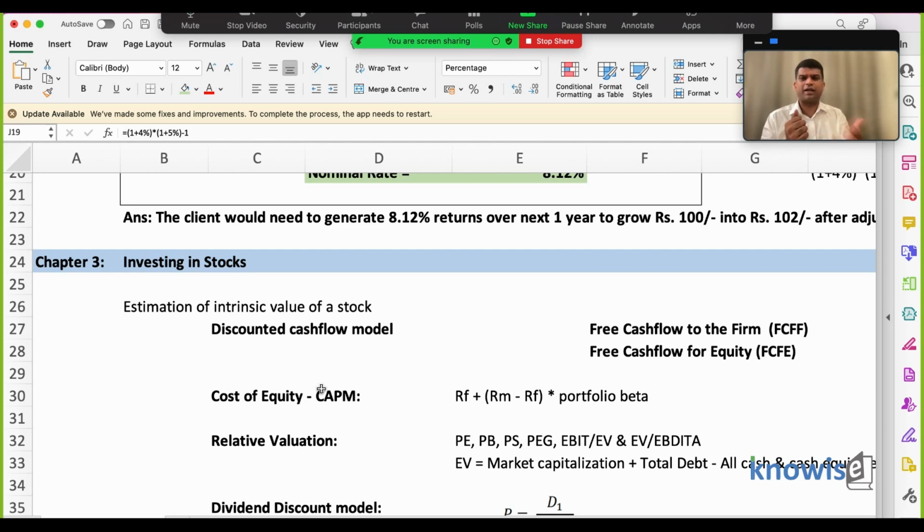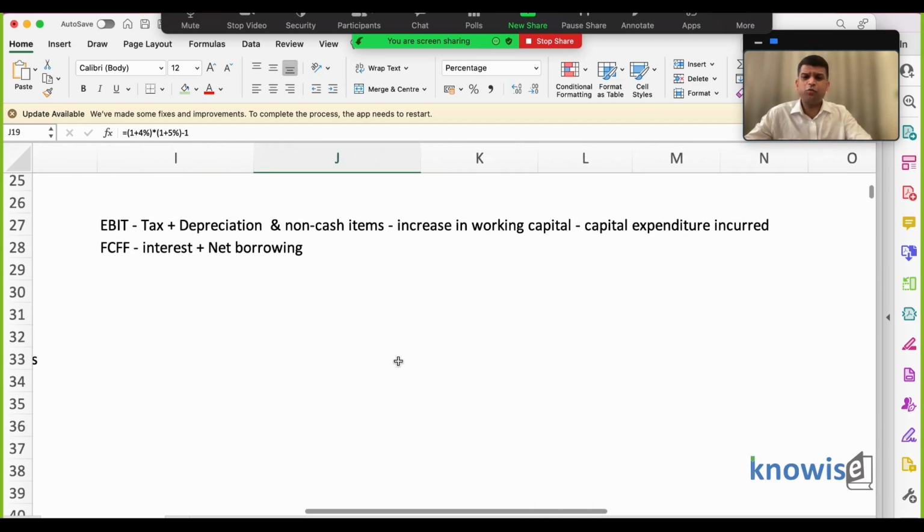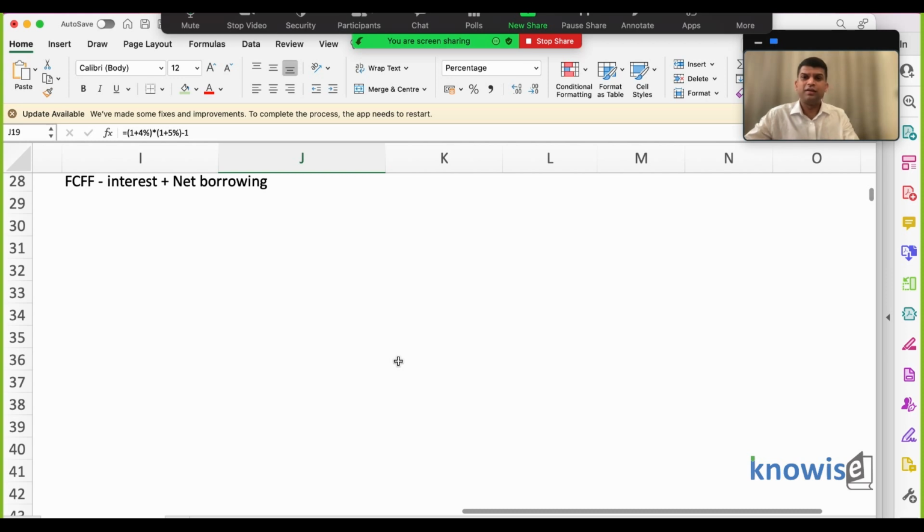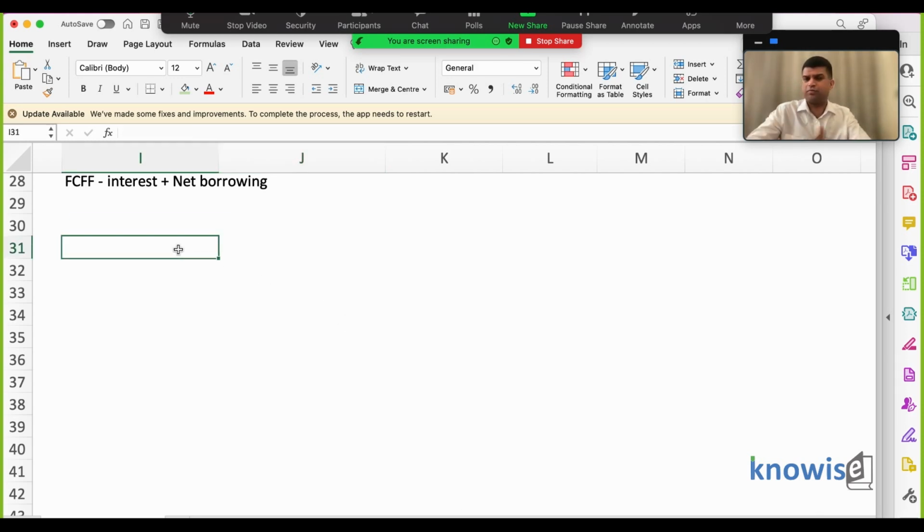Basically, it is to arrive at the fair price of the stock. When we say the fair price of the stock, what is expected from you is to find out the intrinsic value of the stock.